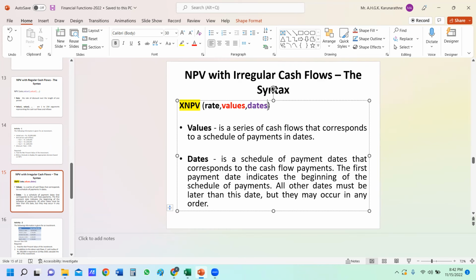This is a new concept. Without using Excel, you can work it out even with an ordinary finance calculator, but it takes time. With this Excel formula, you can very conveniently compute NPV for projects with irregular cash flow. We'll discuss it with an example.